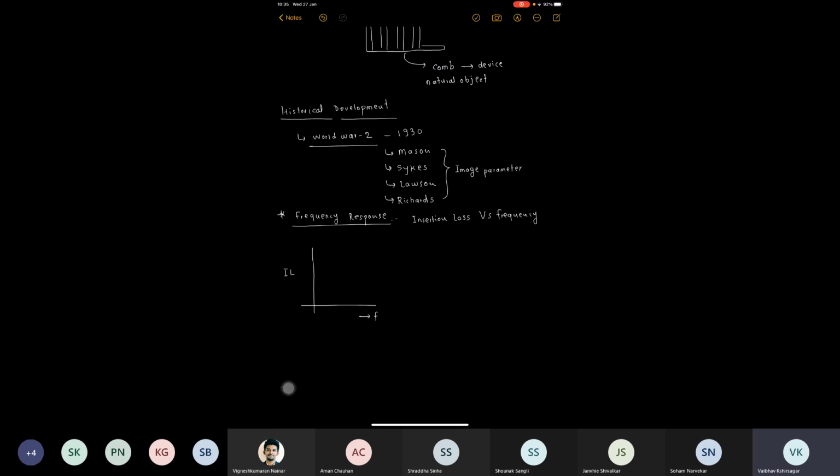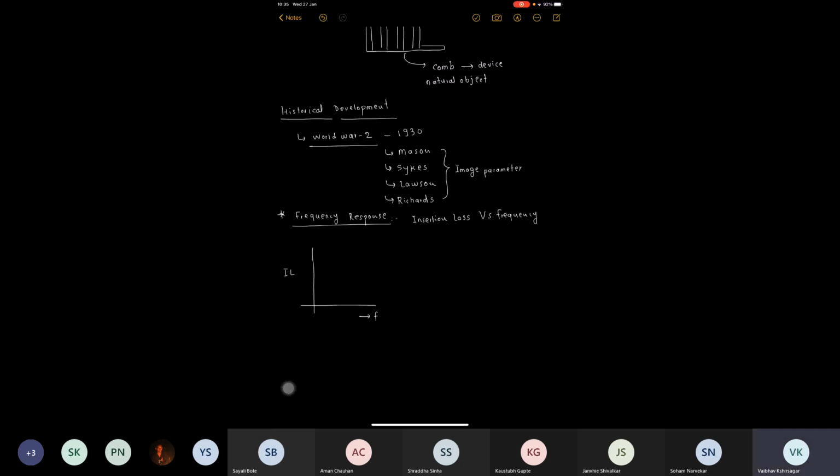Now, for the low pass filter, I will choose a different color, this yellow color. I will make it a little bit thicker so that we can visualize it clearly. This type of response we call a low pass response. Here I will write low pass response.